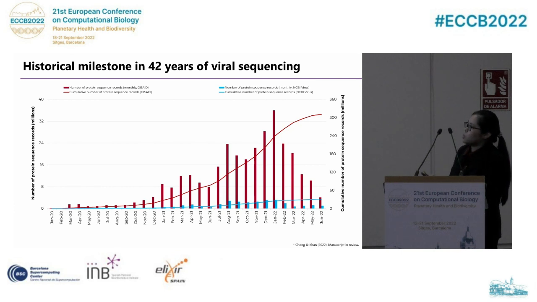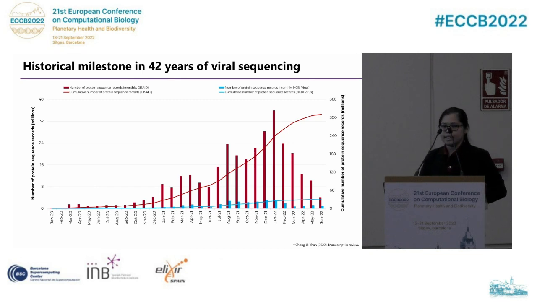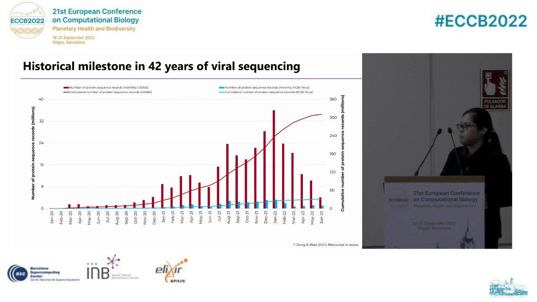So for the protein data, the first 8 months in GISAID and the first 20 months in NCBI Virus has exceeded the total number of the protein sequences of all the viruses from 1977 to December 2019, before the COVID-19 pandemic. So this is one of the plots from our manuscript that is currently under review.